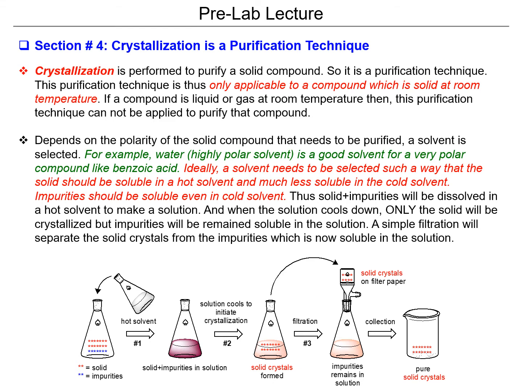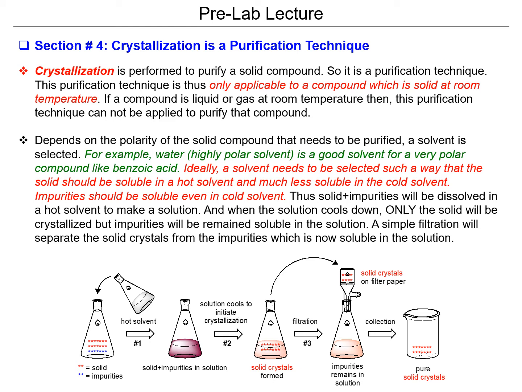Every once in a while you might get a small impurity in it, but even just a small impurity is a lot better than having a large amount, 20% or more, which you're going to have in most of your organic reactions. So first and foremost, crystallization is only used to purify solid compounds. If it's a liquid or a gas at room temperature, you're not going to use it for purification.